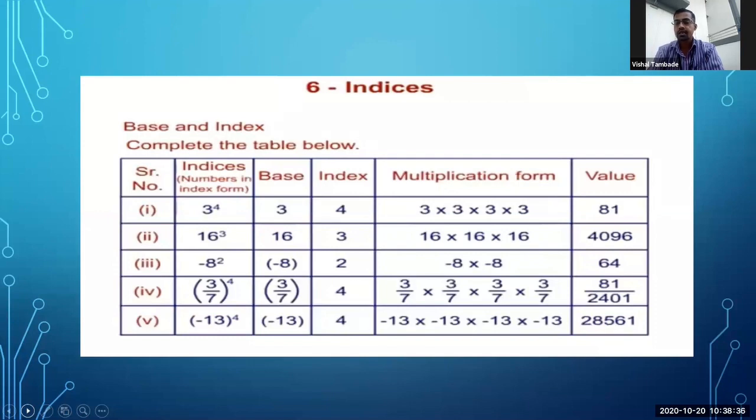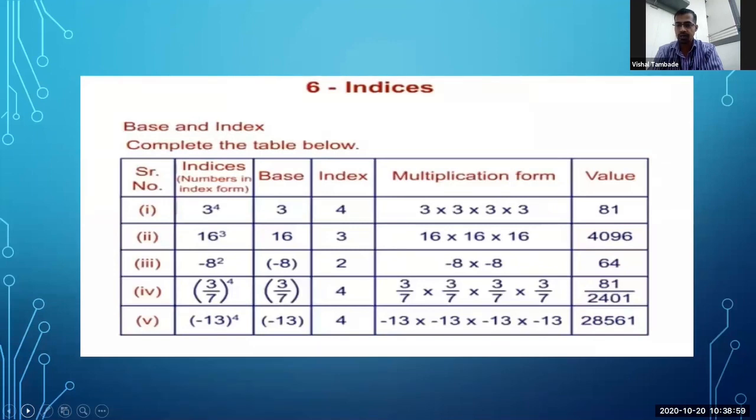Now second one, 16 raised to the power 3. What is your base? Your base is 16 and index is 3. Then the multiplication form of the number. Our question is 16 raised to the power 3, so we have to multiply 16 three times because our power is 3.